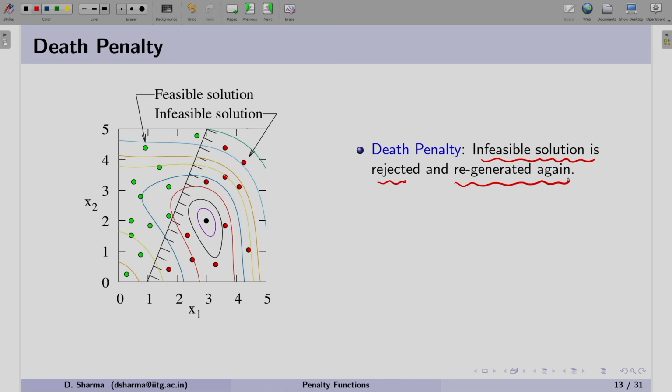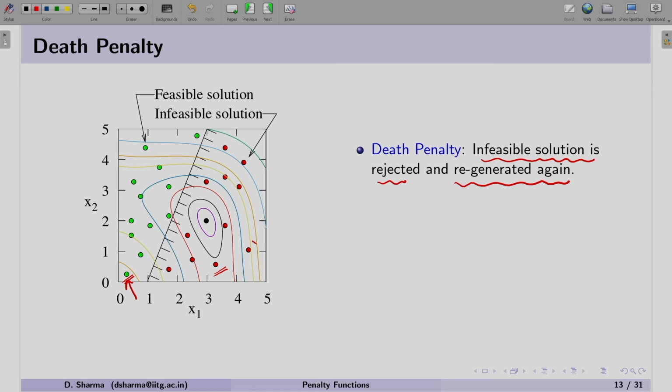So as and when any infeasible solution is generated, it is regenerated so that it will become feasible. Now let us look at the figure. So we can see that with EC techniques we work on multiple solutions, as you can see in the figure. Now when EC techniques generate the green dots, as you can see, these green dots are feasible and death penalty can take care of these solutions.